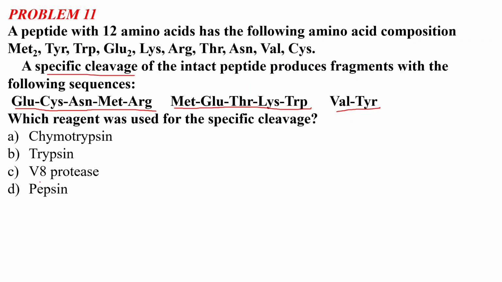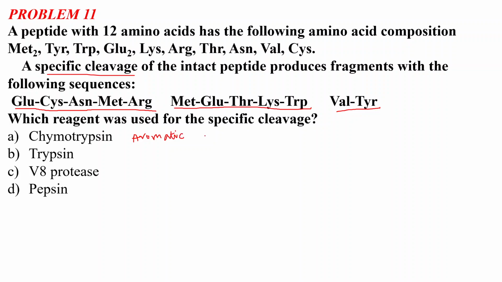Before doing this question, I will briefly say what these reagents do. As I said previously, chymotrypsin cleaves the amino acid chain at the C terminal side of aromatic amino acids.